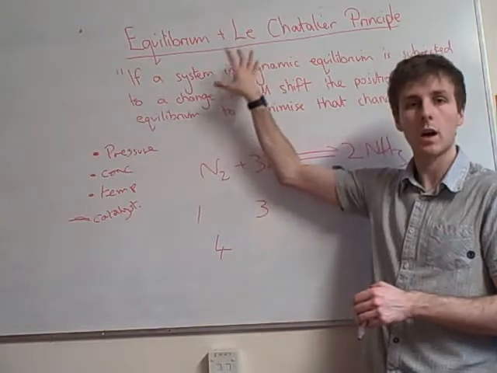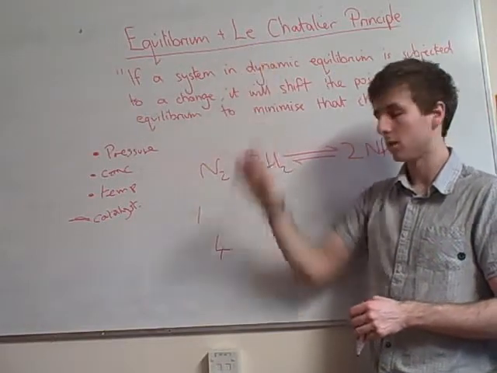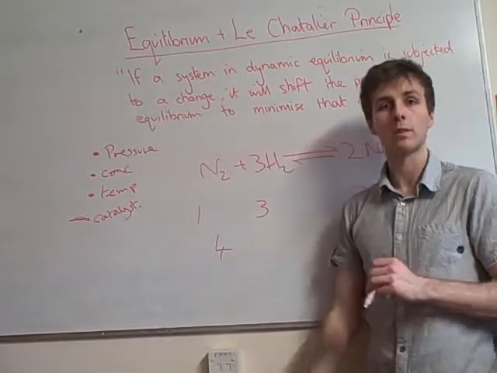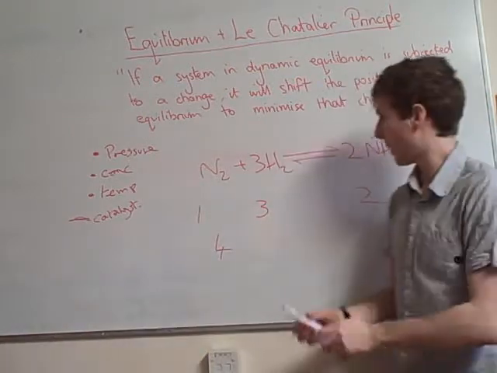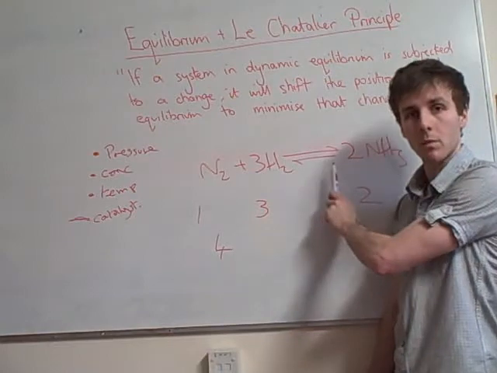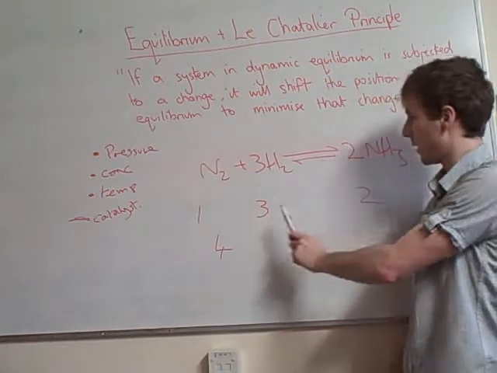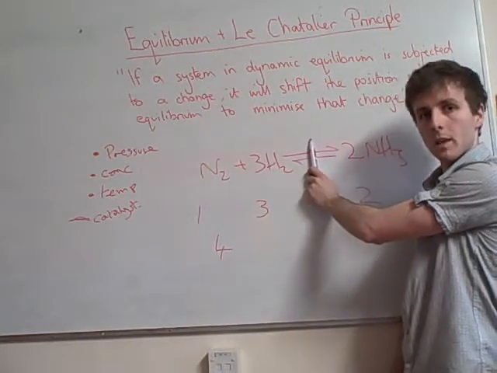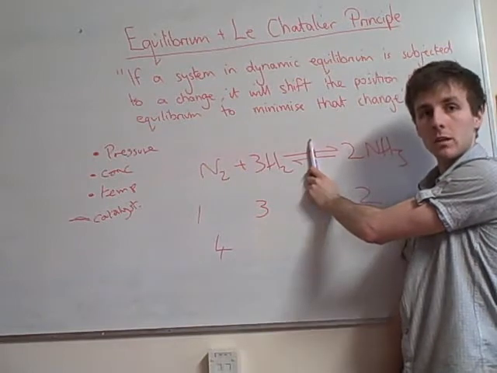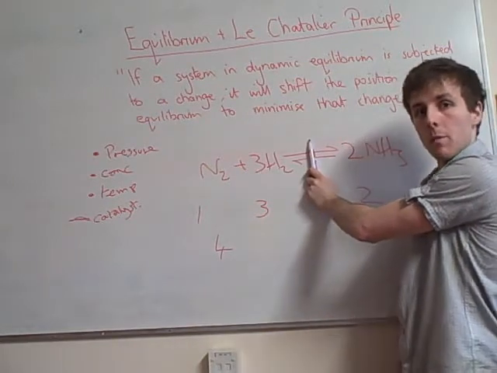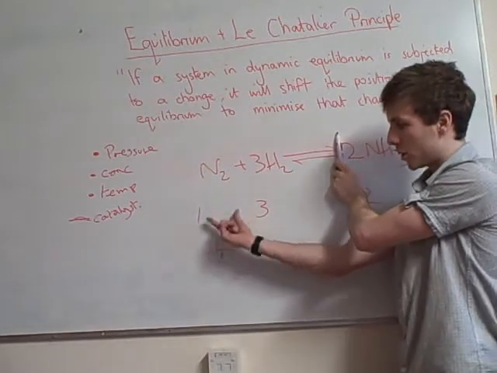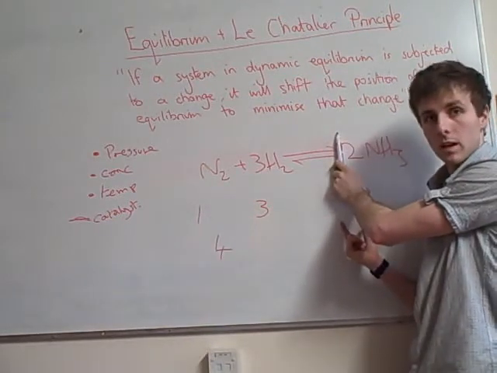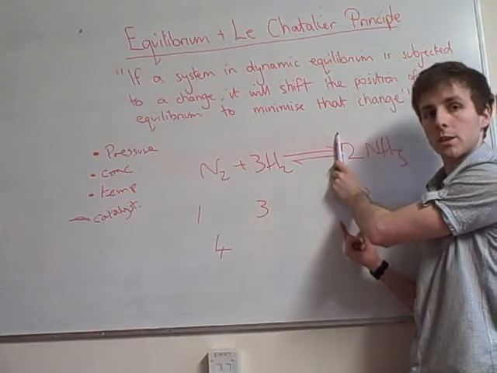It's always going to try and minimize the change. So let's say I increase the pressure. I put loads of pressure on my system. By shifting the position of equilibrium, I can reduce the pressure. So it starts off in the middle. If I increase the pressure, in order to reduce it, my position is going to shift to the right-hand side, because that will reduce the number of moles of gas and therefore reduce the pressure.